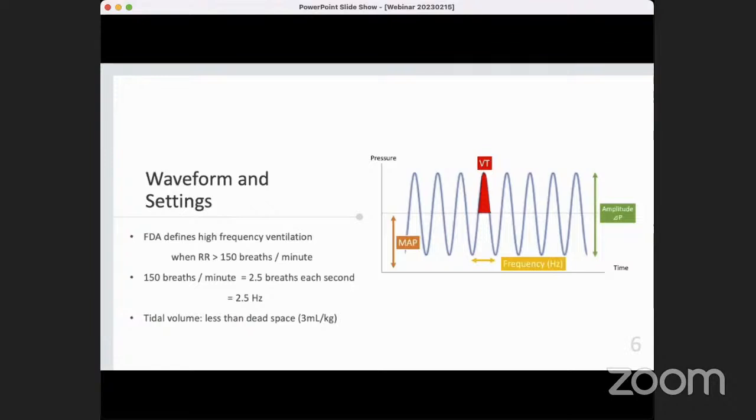The orange level is the mean airway pressure, and the green pressure is the amplitude or delta P. The red area in the waveform is tidal volume. This tidal volume is smaller than the dead space and is one of the characteristics of ventilating with a very small ventilation volume.